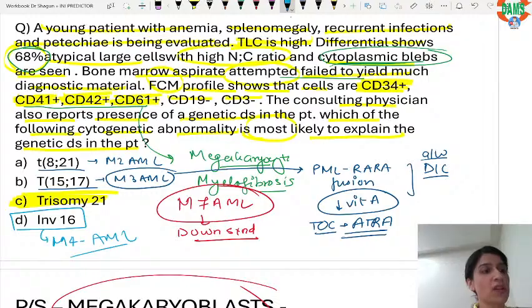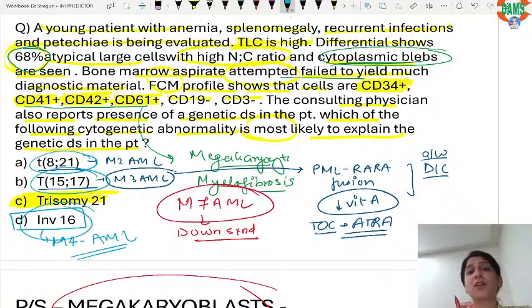So this was all about your very important M7-AML and some important things which I want all of you to remember for the rest of the options. And one more important point I need to make a mention of: if I am giving you 3 translocations, t(8;21), t(15;17) and inversion 16, so these are what? Exception translocations. Remember the lecture.